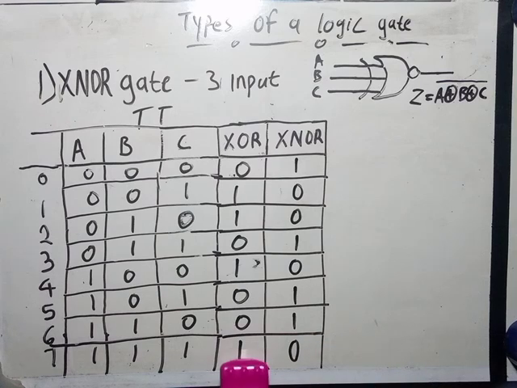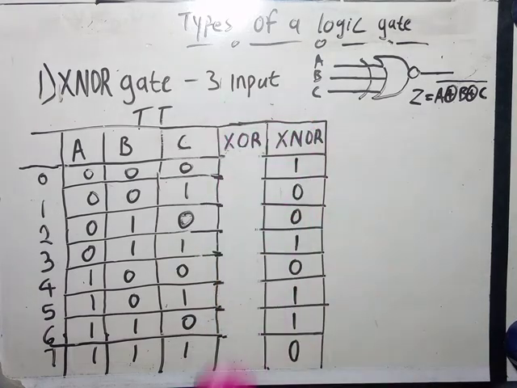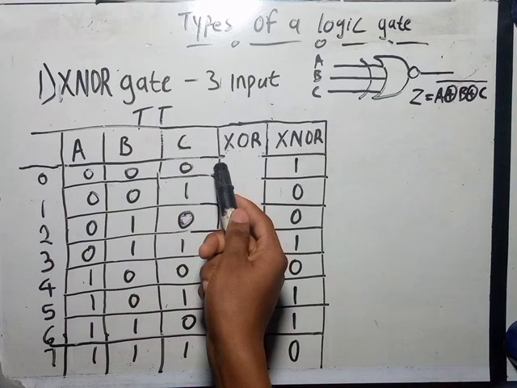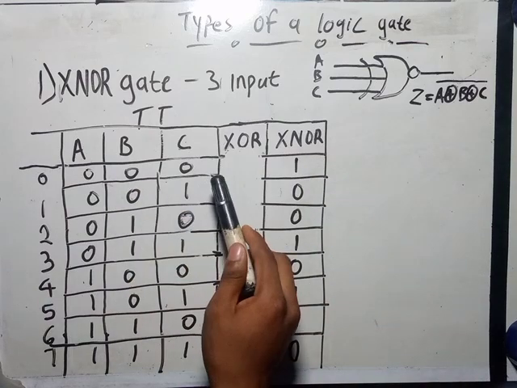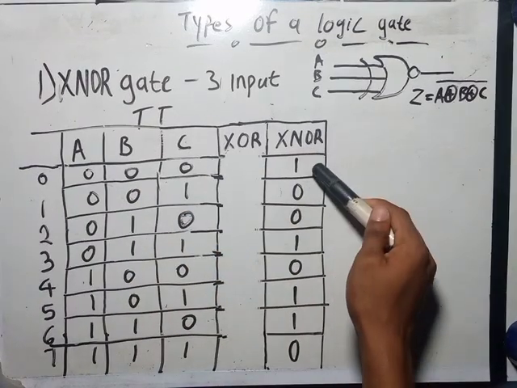So this tells us that if we have an even number of high inputs, our output will be what? High. But if we have an odd number of high inputs, our output will be low. So over here we are having an even number of high inputs. We have no high input actually here, so our output will be what?